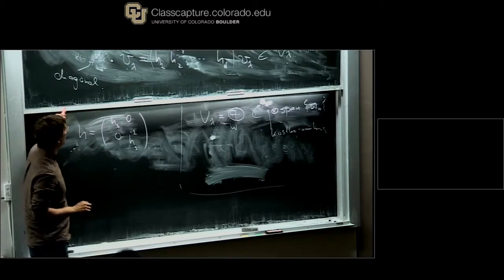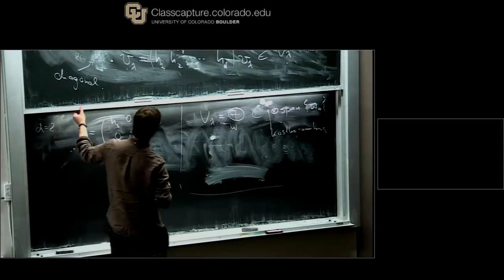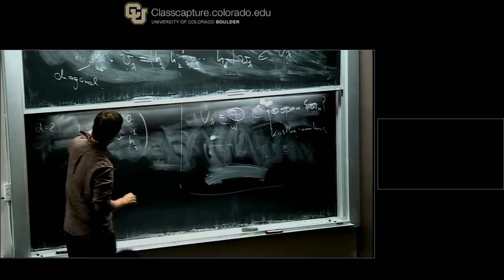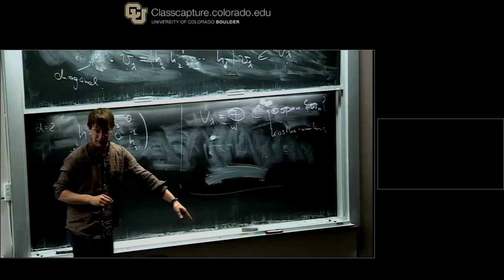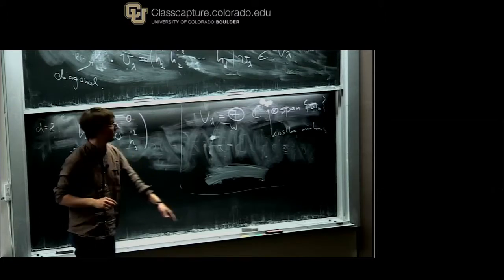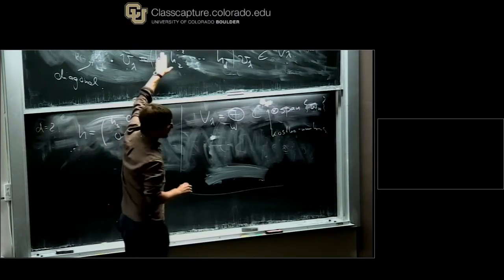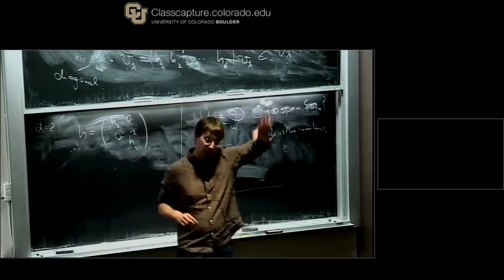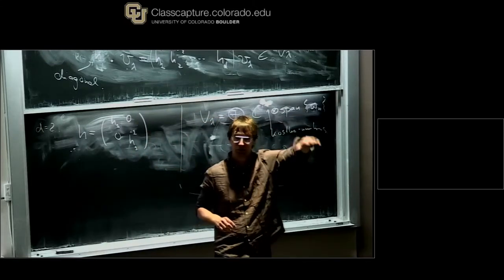They're powers, right? H has H1, H2, H3, up to Hd on the diagonal, and then H1 to the lambda 1 is this first number to the power lambda 1, H2 to the power lambda 2.